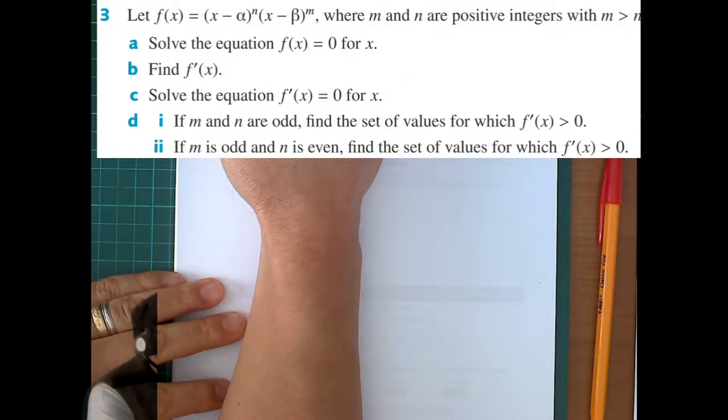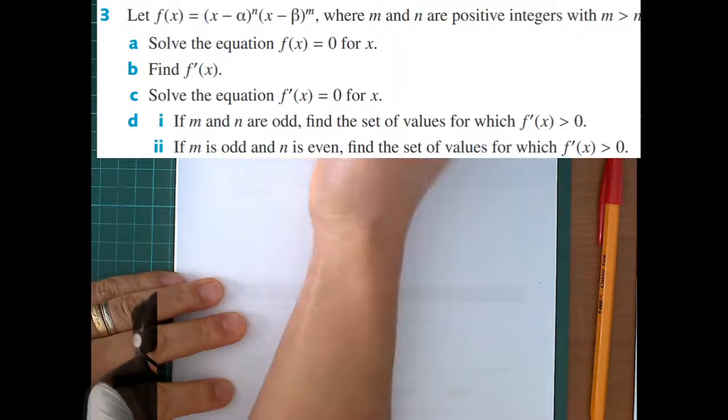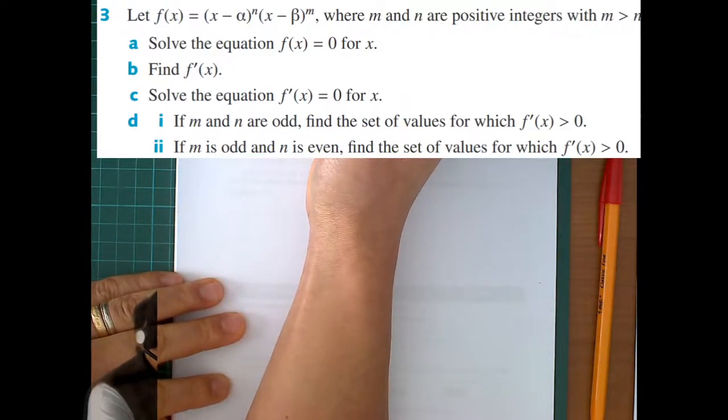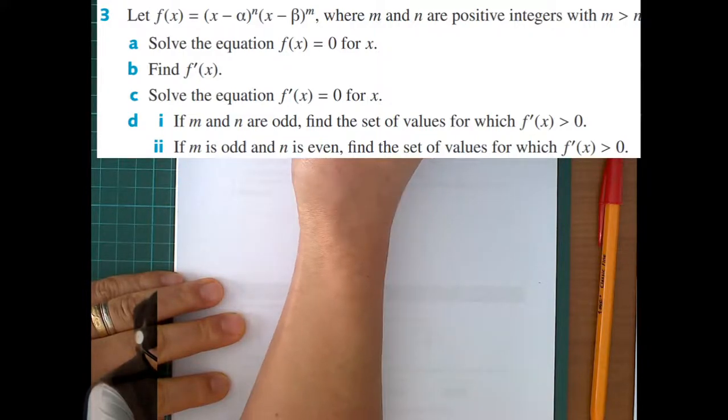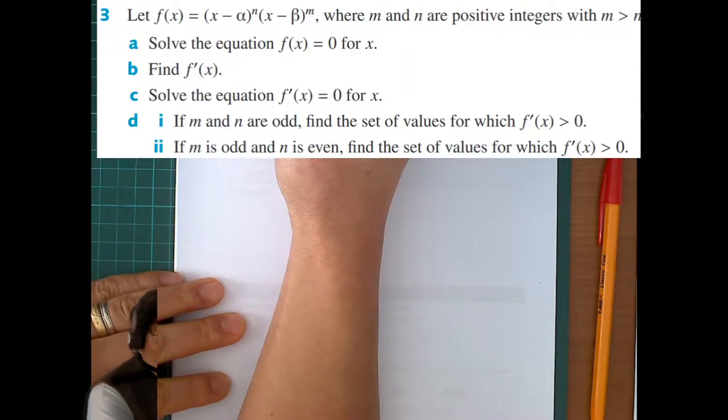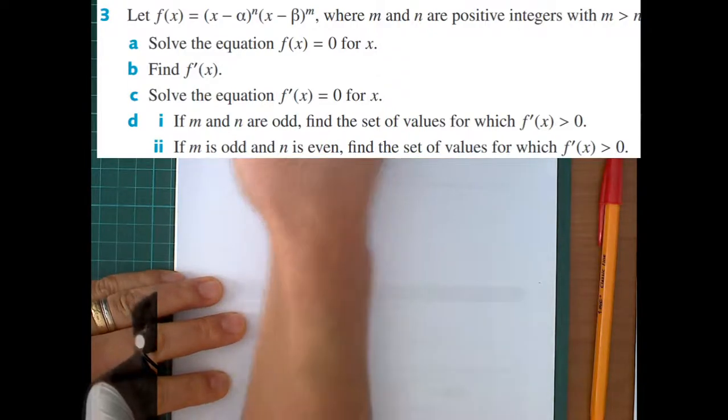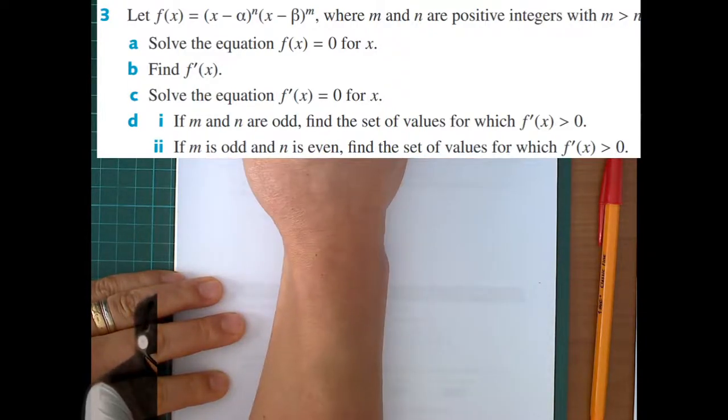Nice one, Angelo. To use the null factor law, you use a factorized form. Why do you need to expand that? Do not expand anyway. You do not know the value of n and m. So part A, you leave it as it is.